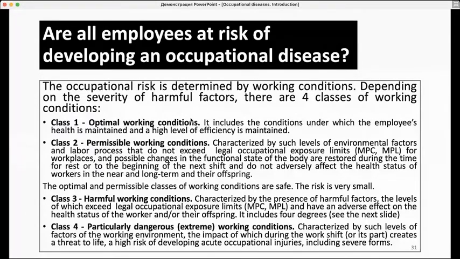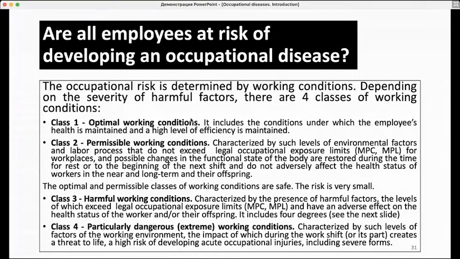Such works are safe for such employees. But the other 2 classes are dangerous for health. So let's look at them.